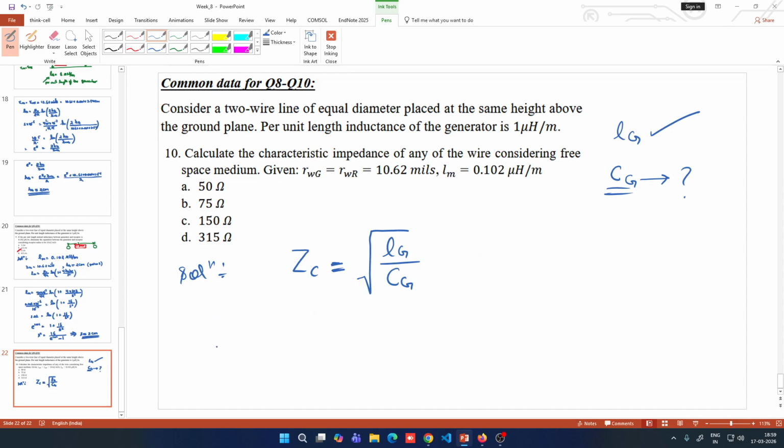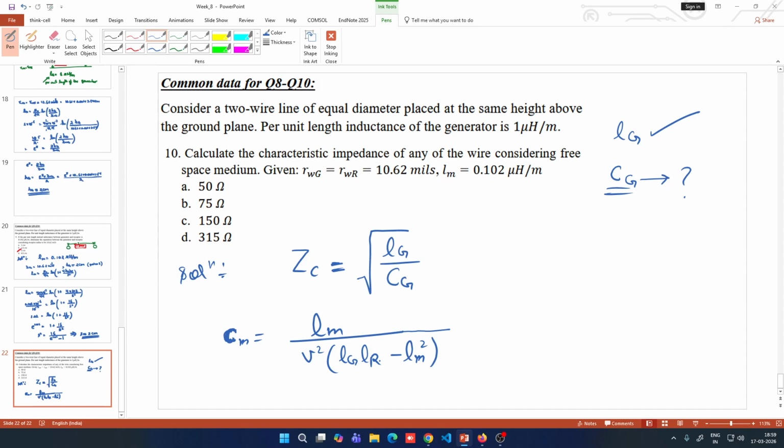So we know the formula for CM, the mutual capacitance between the generator and the receptor, which is given by Lm divided by V square into (Lg into Lr minus Lm square).